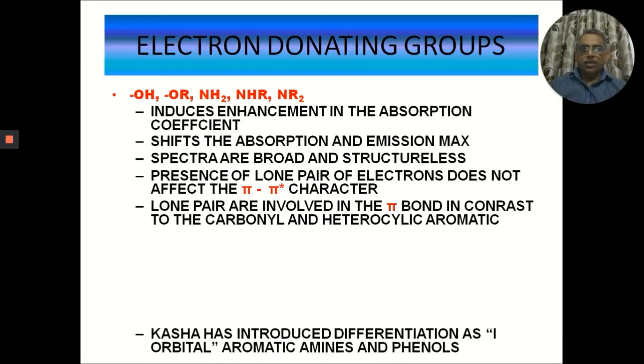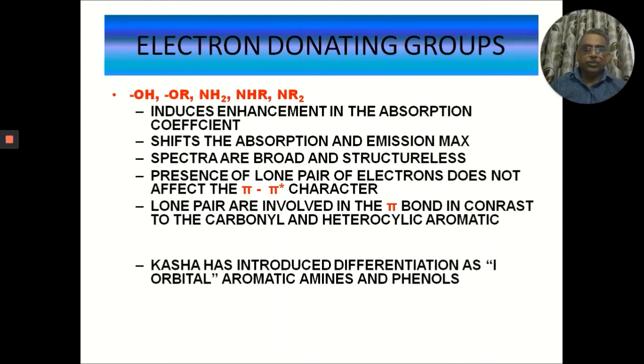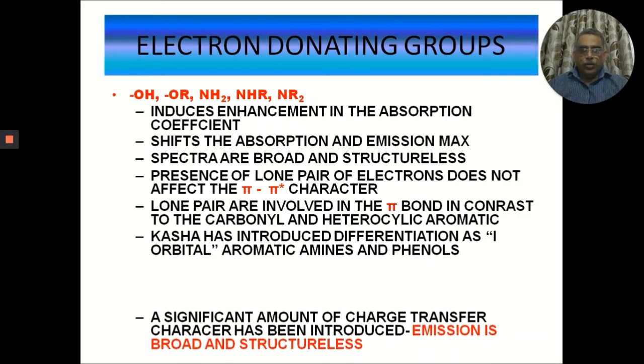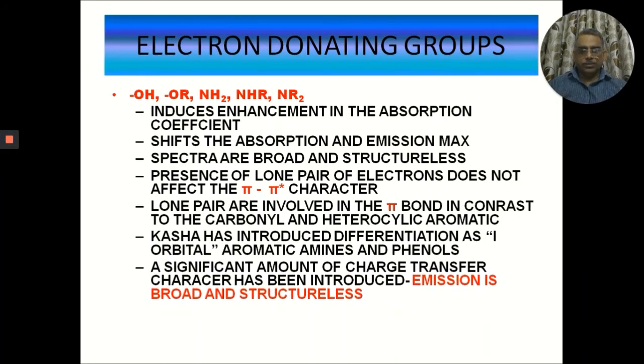And in fact, Kasha has introduced a different nomenclature for this representation. In the case of aromatic amines and phenols, he calls it an L orbital. It's a completely different behavior, so he calls it an L orbital also. And you can also observe a significant amount of charge transfer character in the absorption and the emission peaks, and that makes the emission quite broad and structureless.